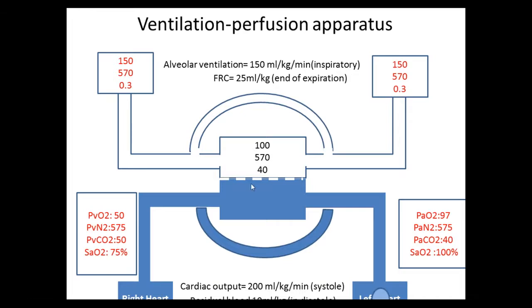So VQ mismatch will be anything between normal ventilation and reduced ventilation, with the extreme of that being dead space. And the other extreme, if you have the blood passing away from the ventilation perfusion apparatus, away from the alveoli without getting any oxygen, is right to left shunt.